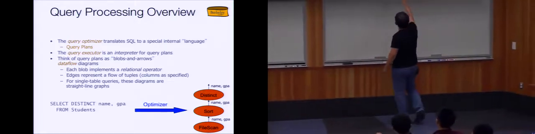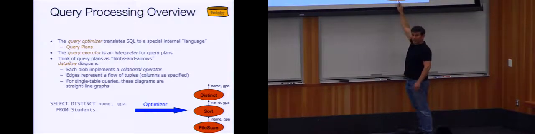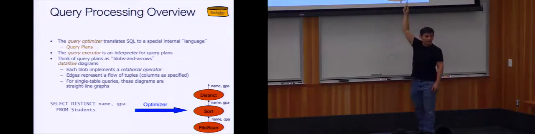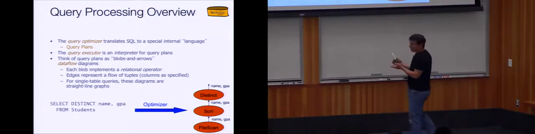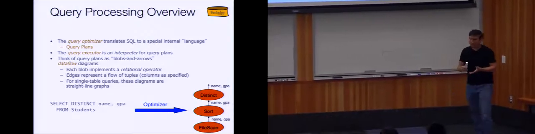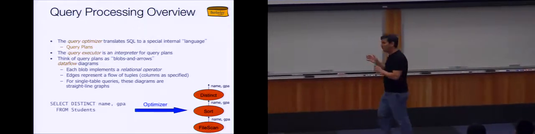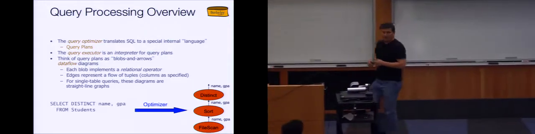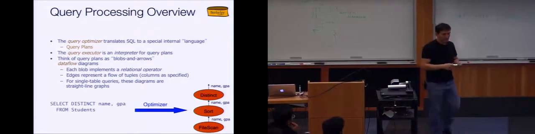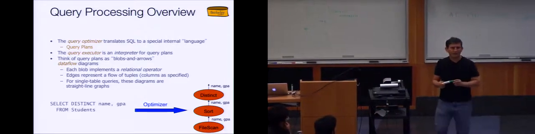But if this thing wasn't a file scan, if this thing was like a gigantic query over 17 tables, that would be fine too. Sort doesn't care. It just knows it's getting a stream of name and GPA pairs. Right? So nice encapsulation amongst our iterators. We don't need to know much from one iterator to the next. There's one exception that's on this slide. There's a thing we need to know. Does anybody catch me? I'm lying a little bit.